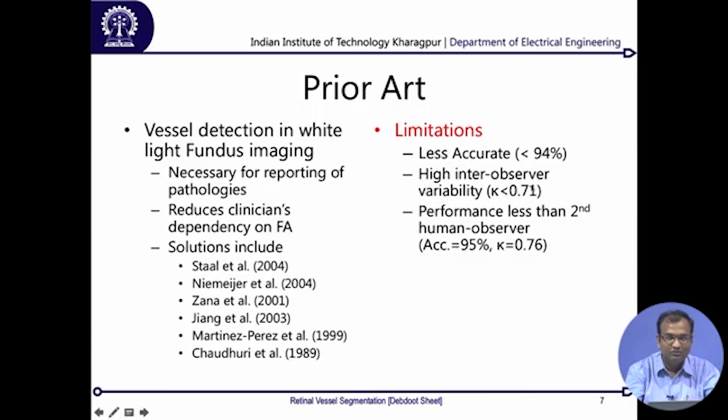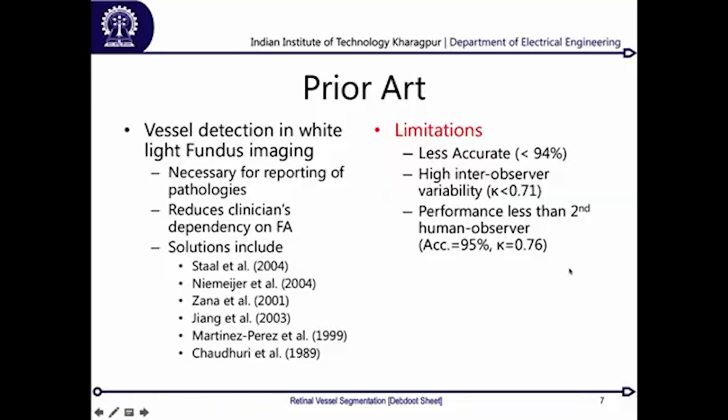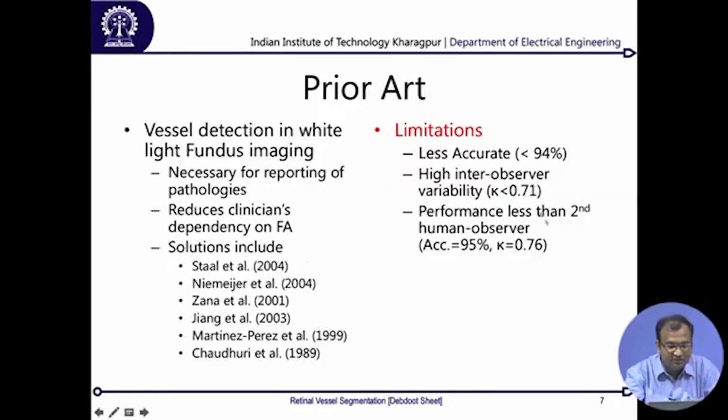So this 0.71 is the consistency between 2 human observers. That's the benchmark which we always need to break. Till we are below that, methods are not sufficient as automated processes. And the other point is that none of these methods had a performance rivaling that of the second human observer, and that's why these were not taken into consideration.